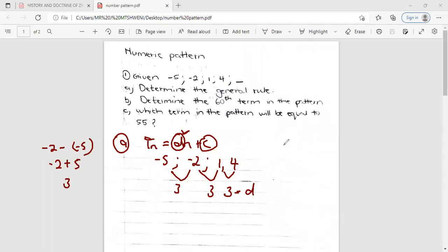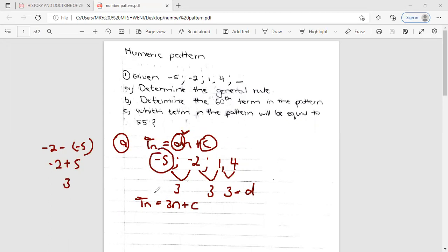Now let us find the rule. From there we can replace and say Tn equals, where D is 3, 3n plus C. Now we are short of C in order to find a complete general rule. The easiest way to find the value of C is to ask: which value can I add or subtract to 3 to get -5?